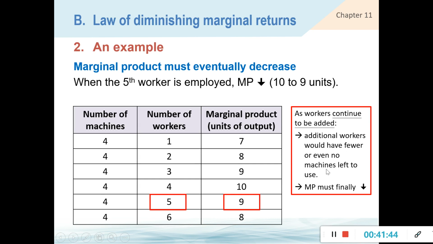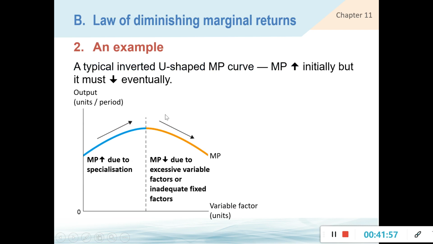workers would have fewer or even no machine left to use。如果你一路繼續增加落去，增加到100個人，咁一定唔夠 machine 用啦。你 machine 唔喐嘅話，咁所以個 marginal product 最後係一定會下跌嘅。OK，好啦，咁所以啦，佢呢度講啦，你見到 MP 一開始升嘅，但係佢去到一個位之後，個 MP 最後一定會下跌嘅。OK，咁但係個 law of diminishing marginal returns，其實佢淨係講咗呢一 part 嘅啫。OK，the law of diminishing marginal return only stated that the MP would finally decrease.